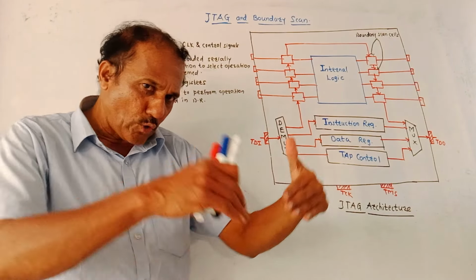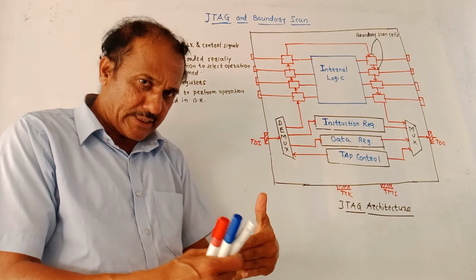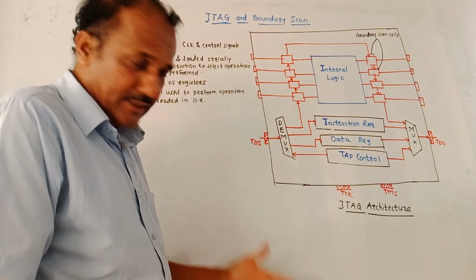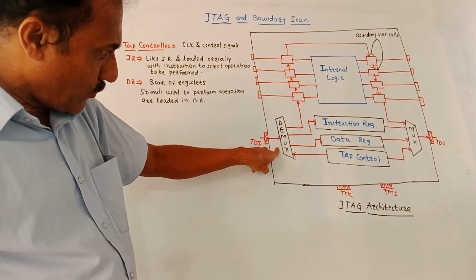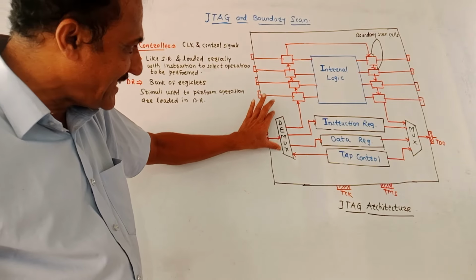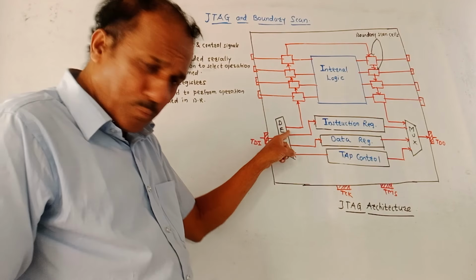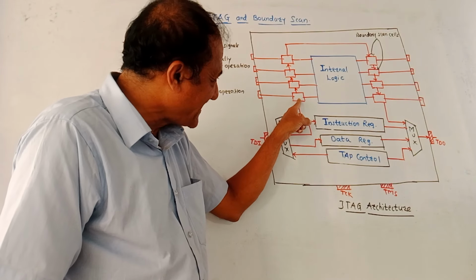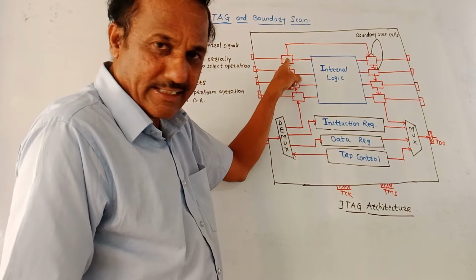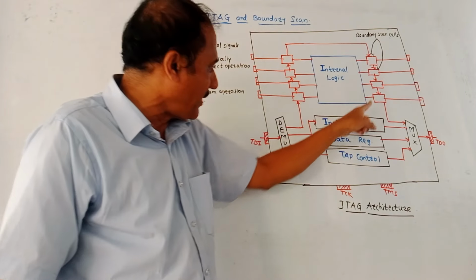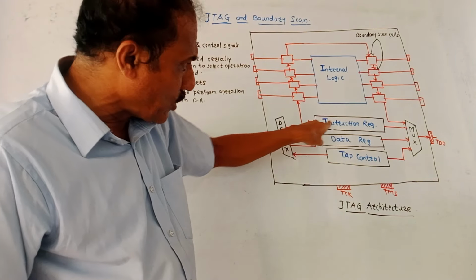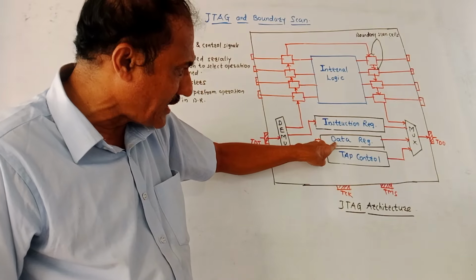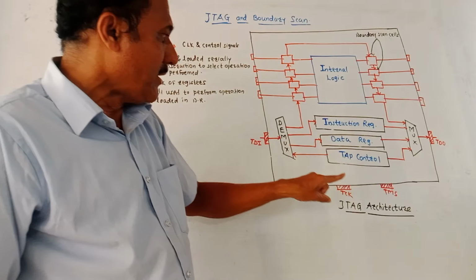From this end we have to apply the test data to test the circuit. Here we are using one demux, that is demultiplexer. One output of the demultiplexer is applied to this boundary scan cell, and then this signal goes on shifting one after the other. This output is also given to the instruction register and data register.